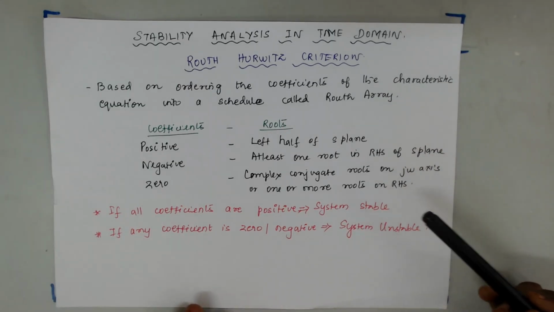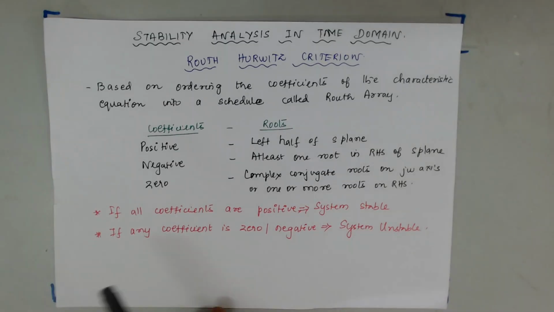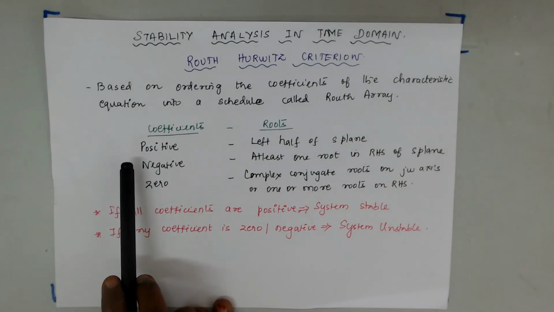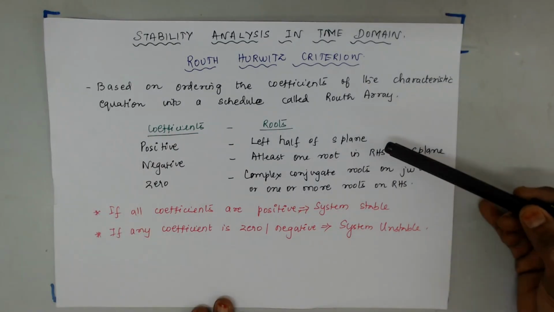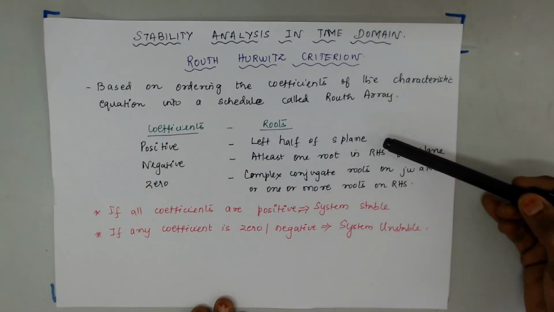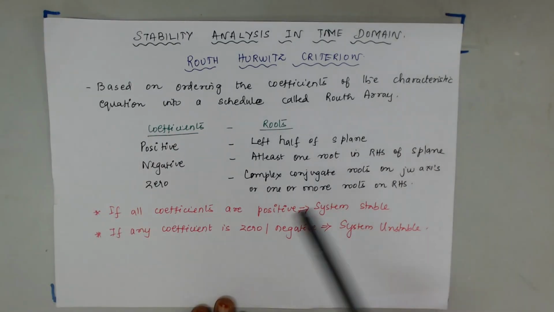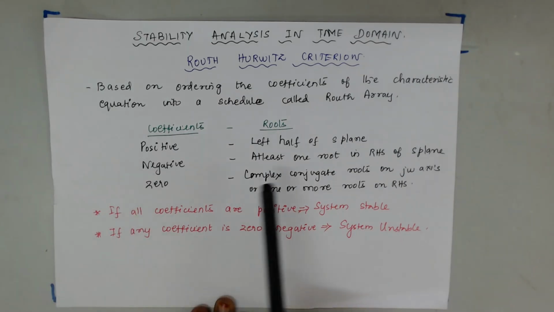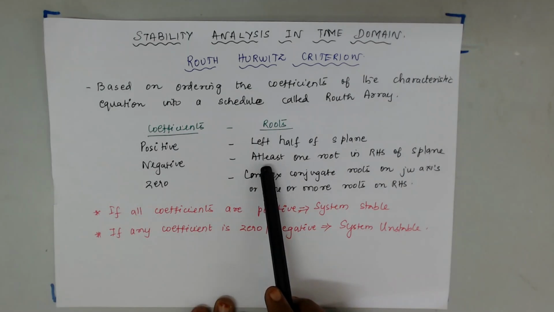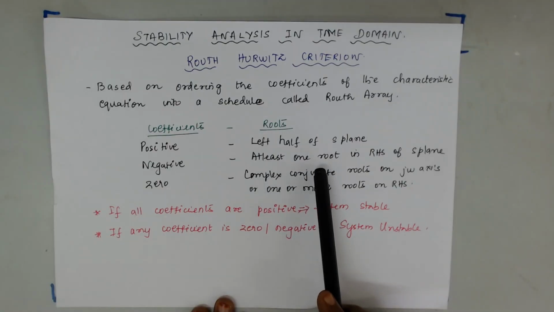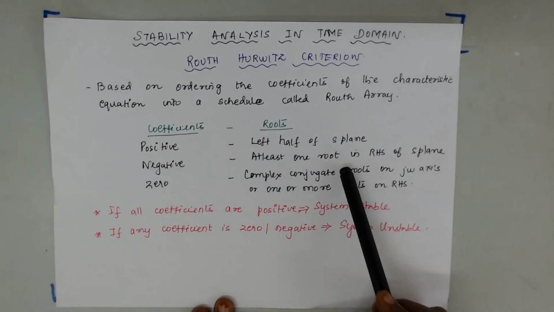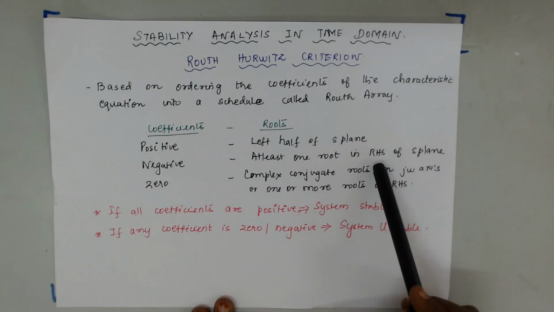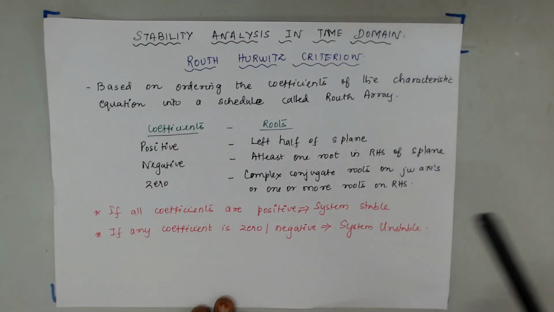For that, we need to analyze the first column of the Routh array. If the coefficients in the first column of the Routh array are positive, then we can find that the roots remain in the left half of the S-plane. If the coefficients in the first column are negative, then we can say that the roots of the given characteristic equation, or at least one root of the given characteristic equation, lies in the right hand side of the S-plane.